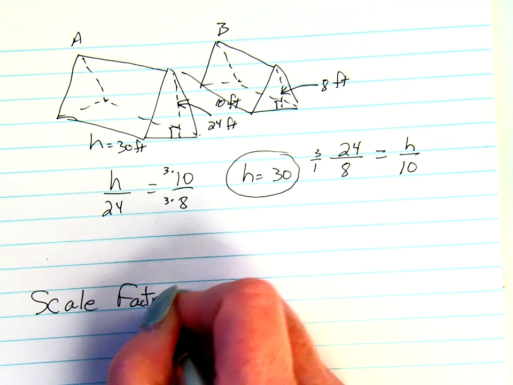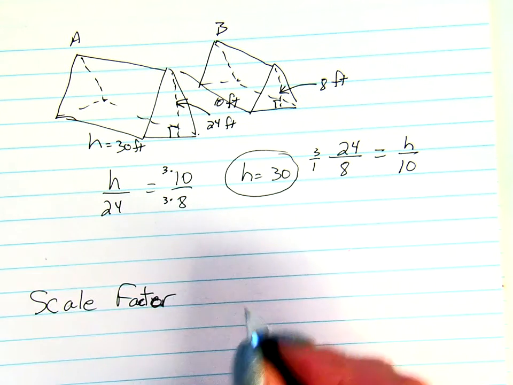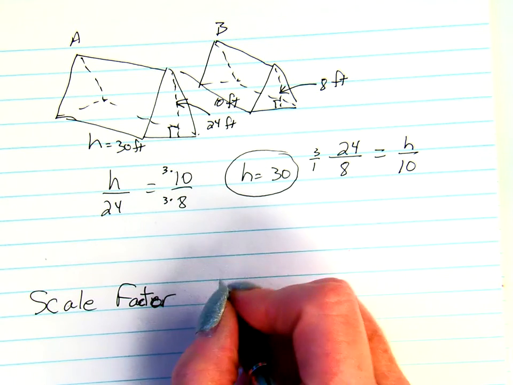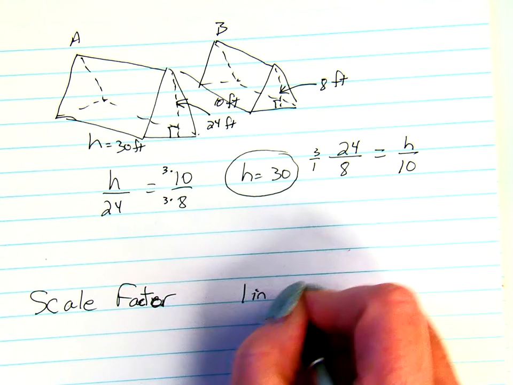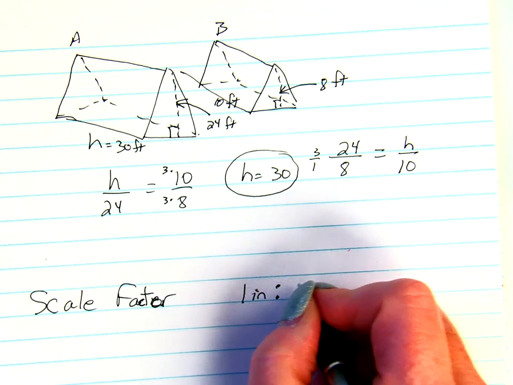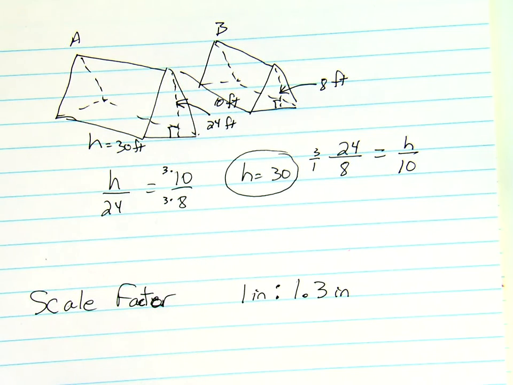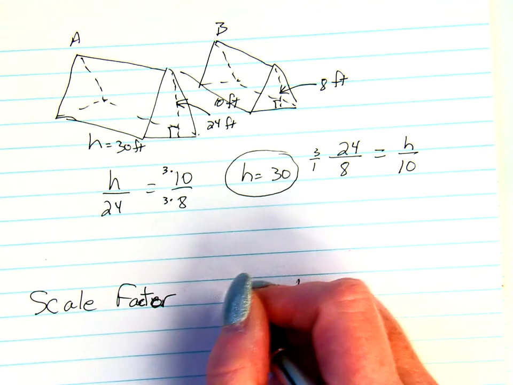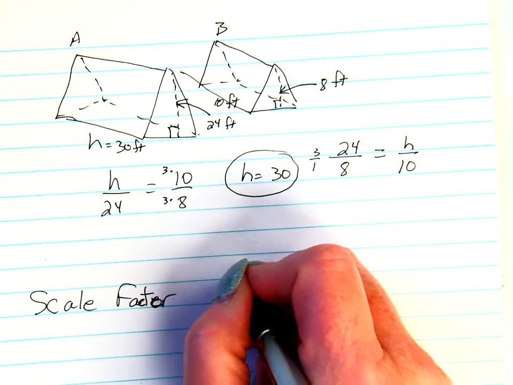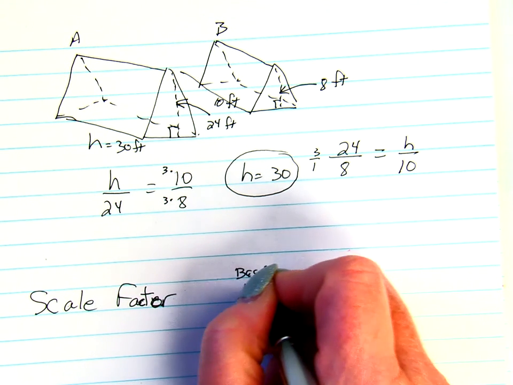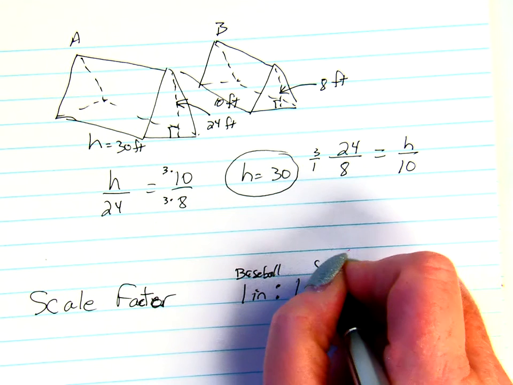So our scale factor is 1 inch to 1.3 inches. Okay, and this is our baseball to a softball. So I'm just going to write baseball, softball.